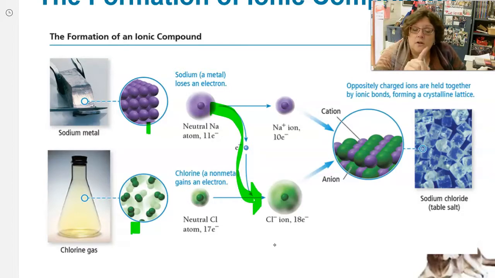Remember, sodium's in the first family. He needs to lose one electron in order to be happy. Chlorine is in the 7th family. He needs to gain one electron to be happy. And so they transfer electrons. That creates that attraction, that positive-negative charge, and they bond together.